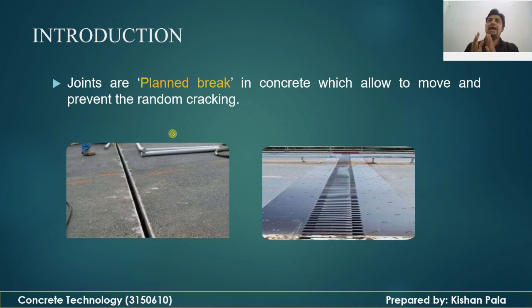Joints are planned breaks in the concrete which allow movement and prevent random cracking. You can understand from the photos that we have to provide an intentional gap in the concrete elements, because in the concrete mass different types of stresses are acting, and due to these stresses the concrete faces cracking issues. To prevent this cracking we have to provide an intentional gap, a planned break in the concrete element.